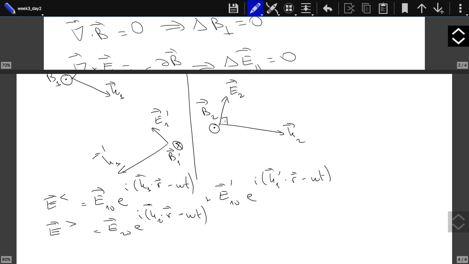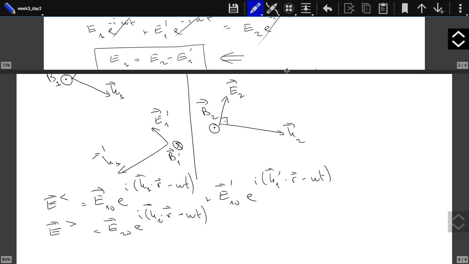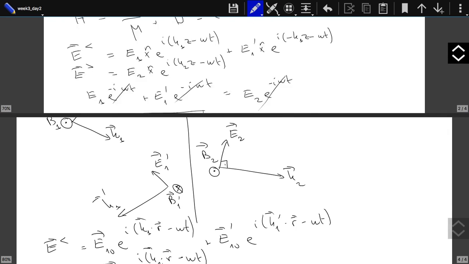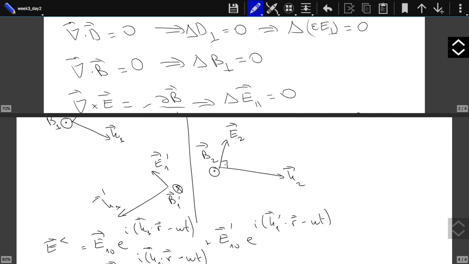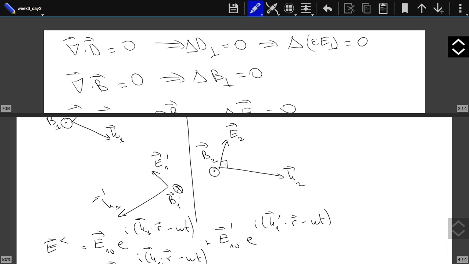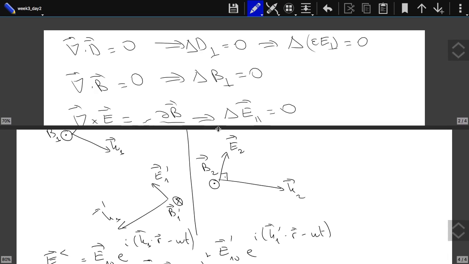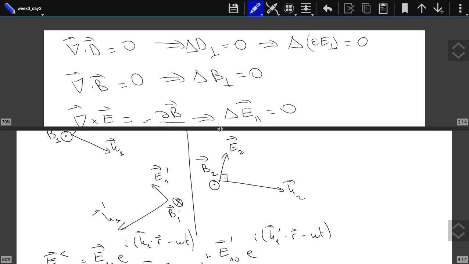Now, what are my boundary conditions on the electric field? We had already derived them. You see these conditions, the first line and the third line, I said that they are valid in any case. We didn't make any assumption about the direction of the incidence of our electromagnetic wave to derive these boundary conditions.